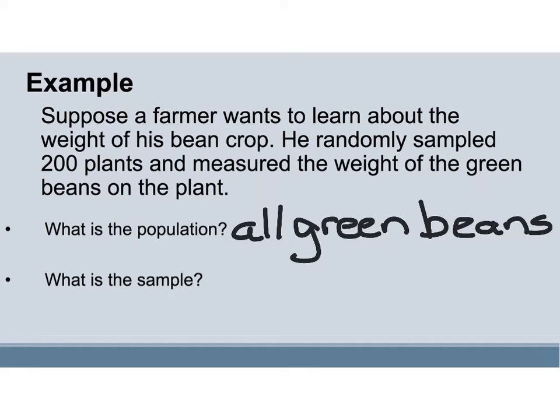Now, it's not practical for the farmer to pick every last green bean, to weigh them, to know how much the average weight is.